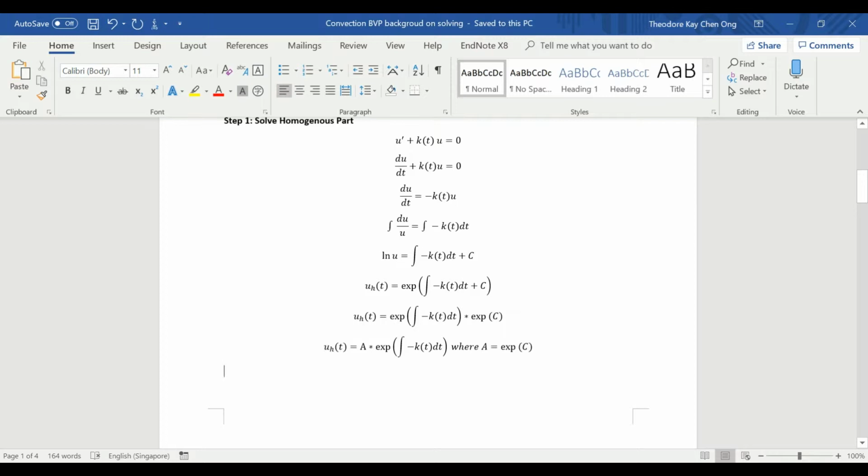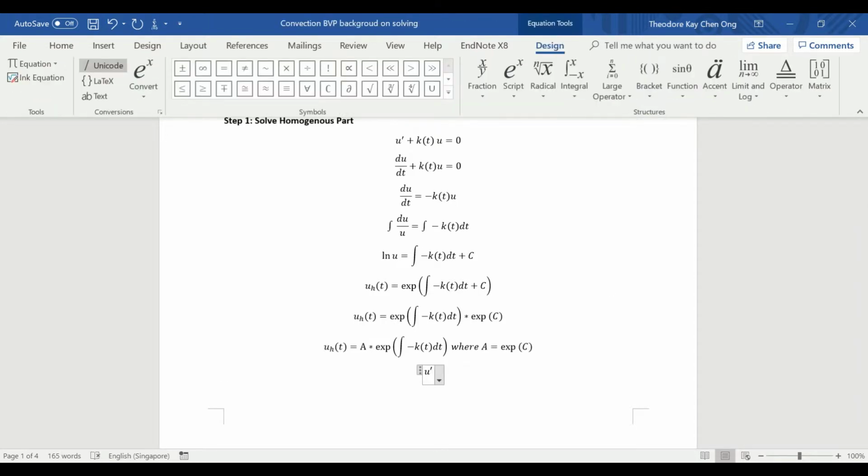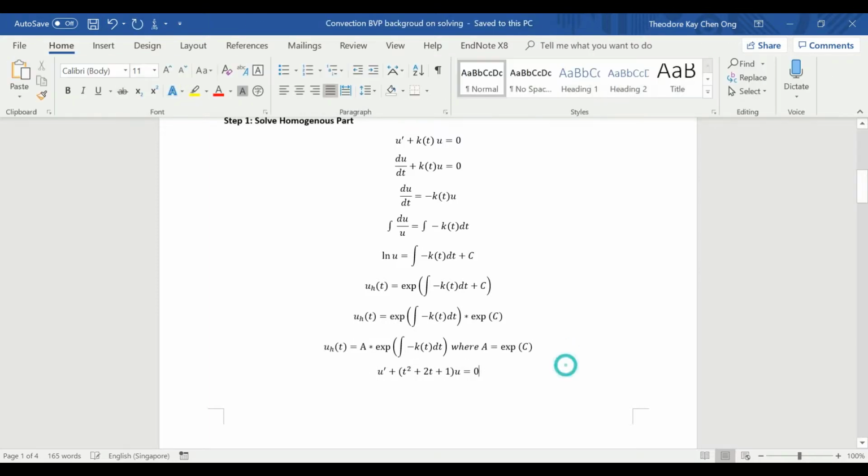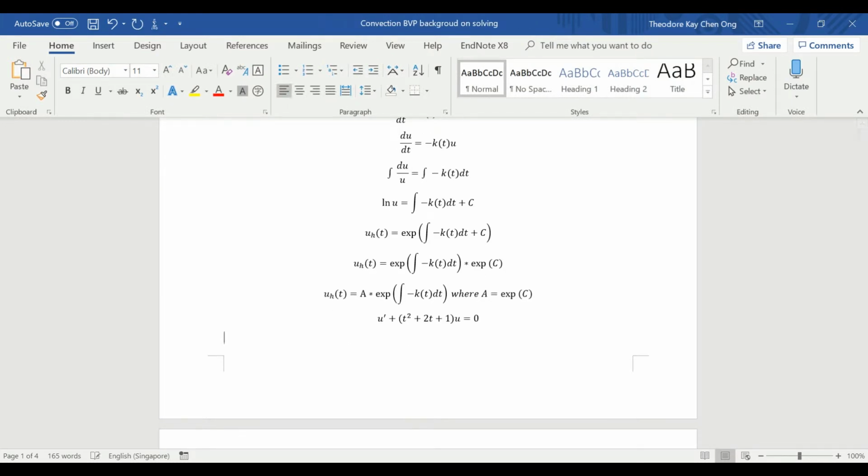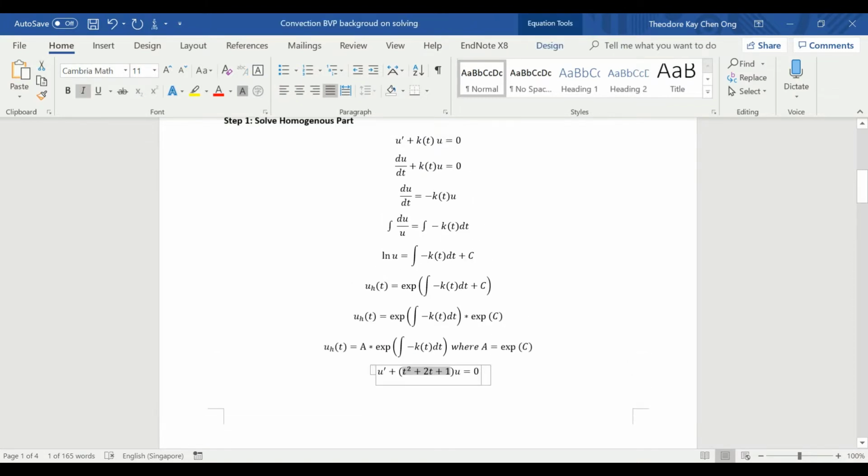Let's say we have something like this, something that looks maybe a teeny bit scary. So (t squared plus 2t plus 1) u equals 0. Okay, so what's the homogeneous part? What we can find is that this becomes our k, so to speak.